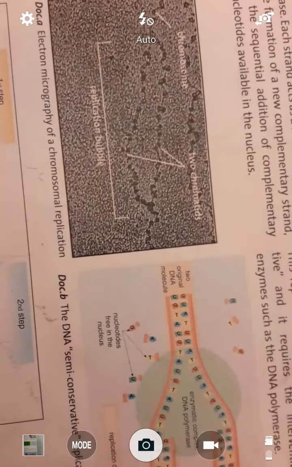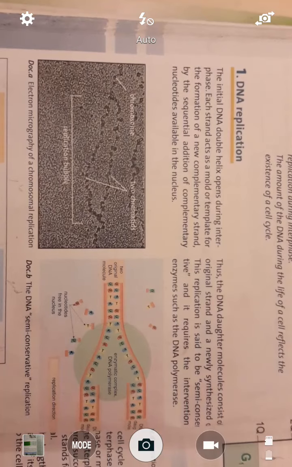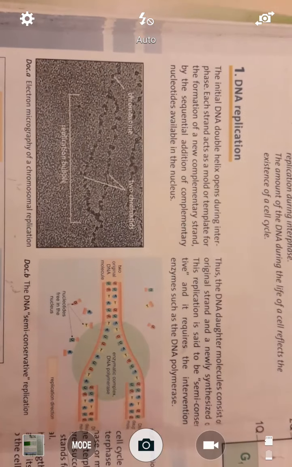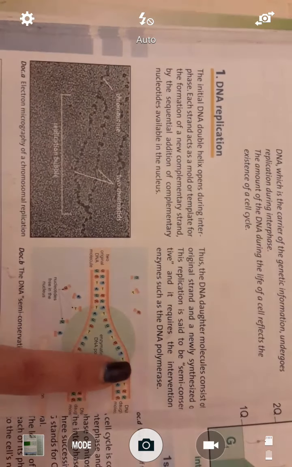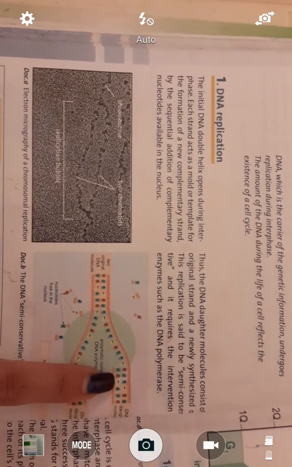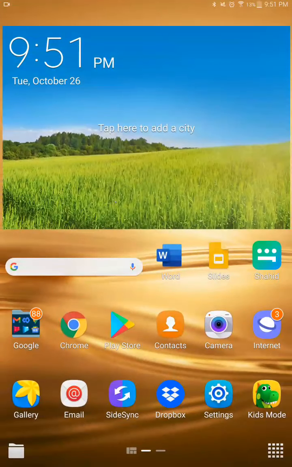We said that DNA replication is a semi-conservative method. What do we mean by semi-conservative method? This means that we have part of the new DNA, or the daughter DNA, old and part of this daughter DNA new. And I will explain this in more detail, okay? Now, the initial DNA double helix opens during interphase.